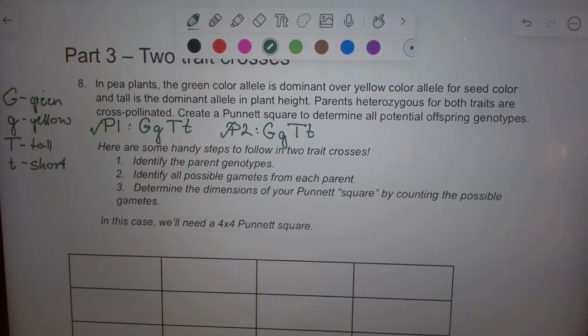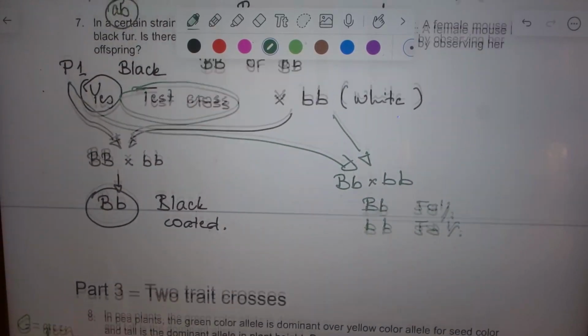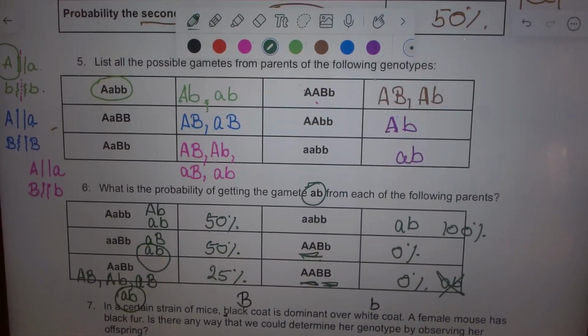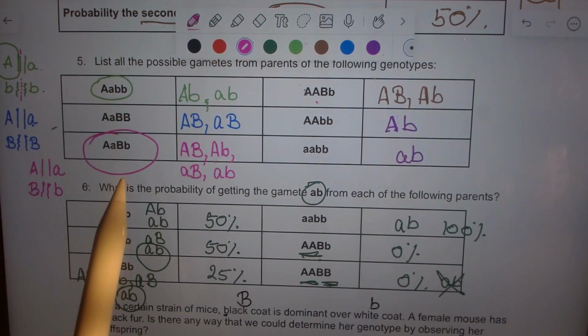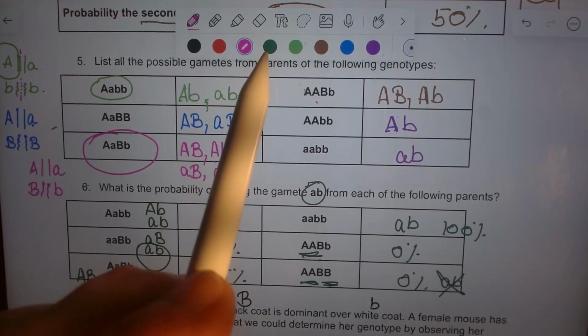Check, we did that. Identify all possible gametes from each parent. So going back to part 2, this was our problem, the possible gametes from parents.